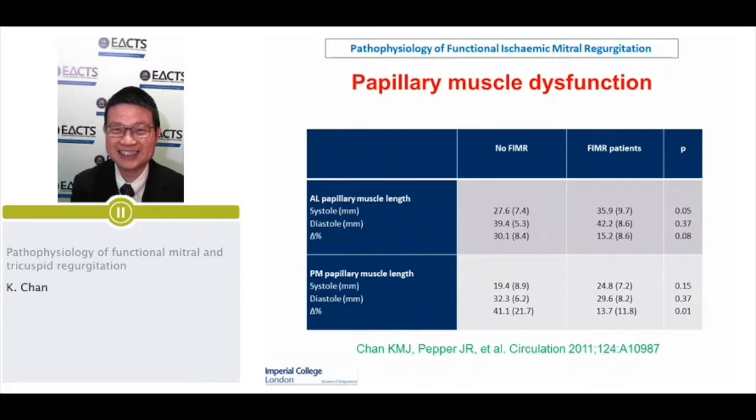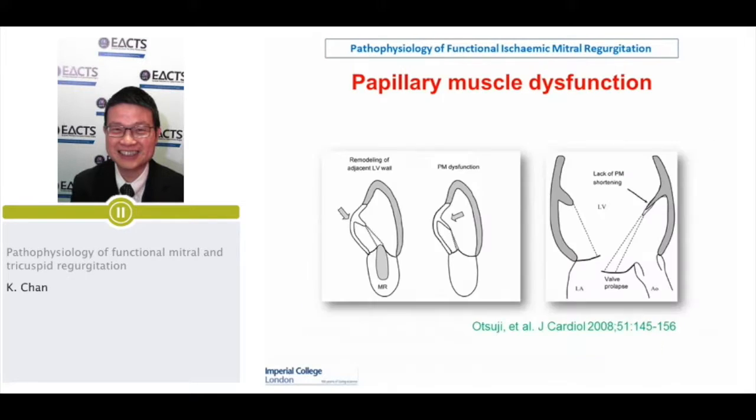You can see here in normal patients, the papillary muscles contract by 30 to 40% during systole, and this is significantly reduced in functional ischemic mitral regurgitation to about 15%. In selected patients, it may cause valve prolapse if the adjoining wall of the left ventricle to which the papillary muscles attach has not had time to remodel and dilate.